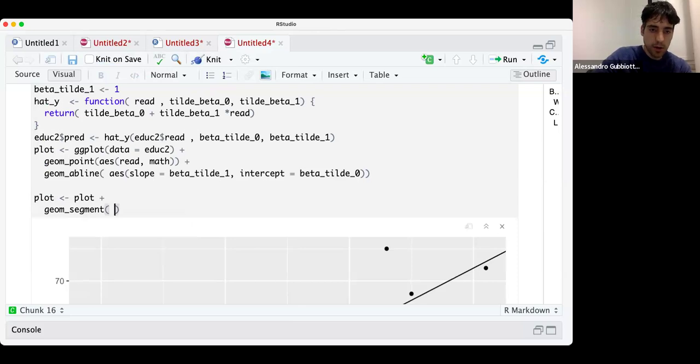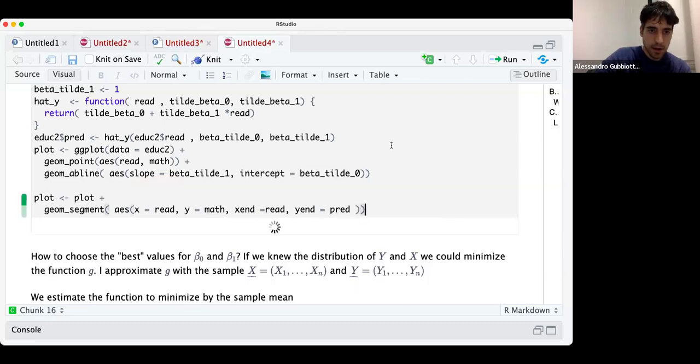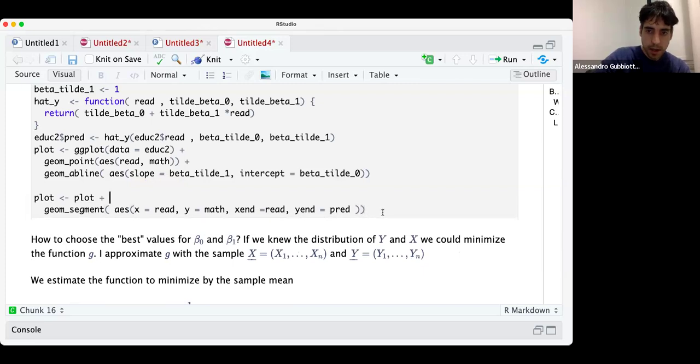I need to put the variables x, which is equal to read, y, which is equal to math, and then x end, which is equal to read, sorry, and y end, which is equal to the predicted value, which is hat y, it is pred. Then let's see if this is correct. Yes, and let me plot it.